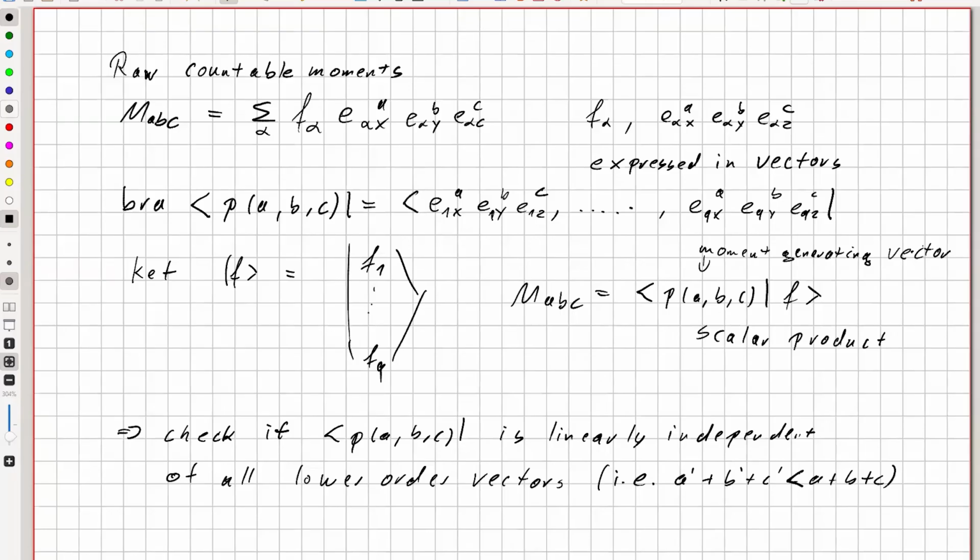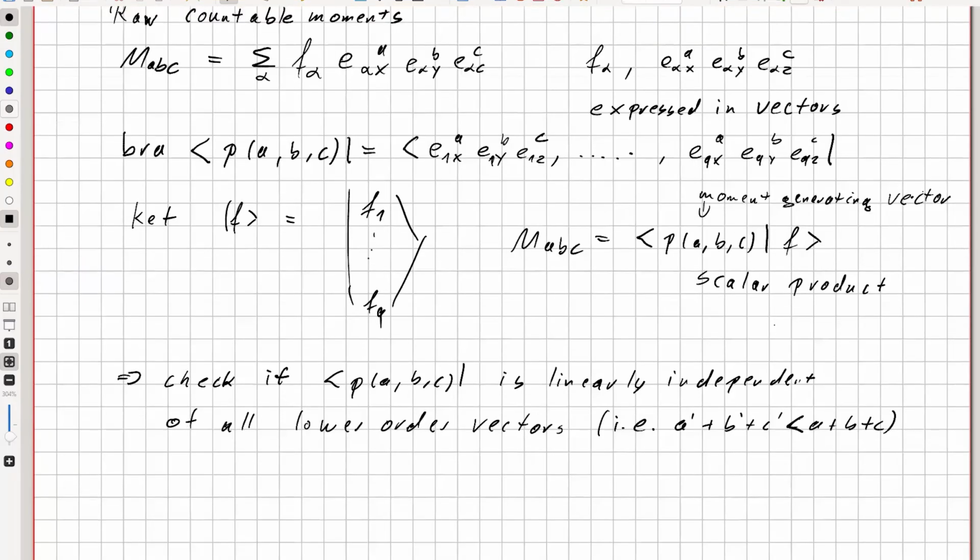So we take any arbitrary a, b, c, and we count all of them downwards and see whether one of the vectors that appears there, or all the combinations of vectors together, are linearly independent of all these other vectors. If we are independent, then we have an independent moment.